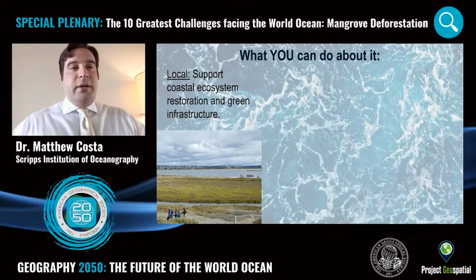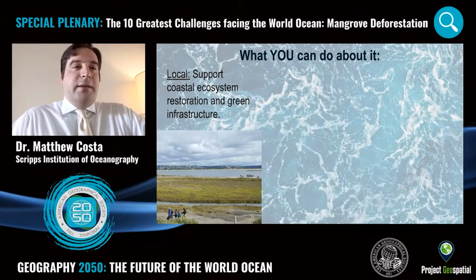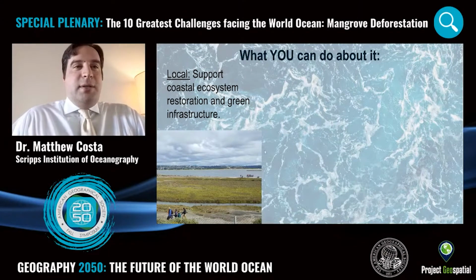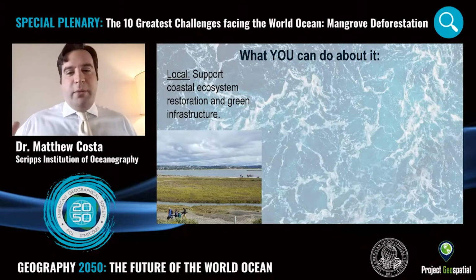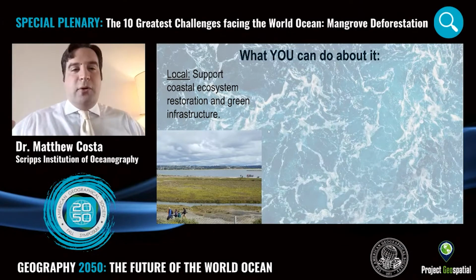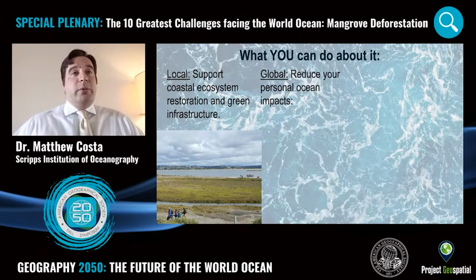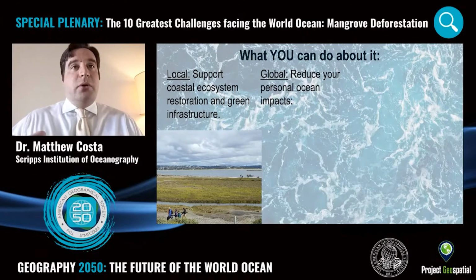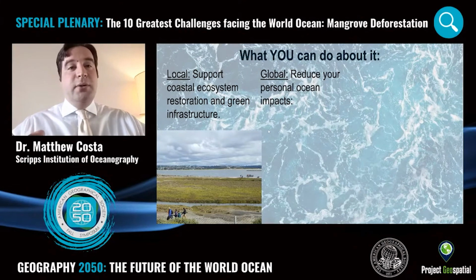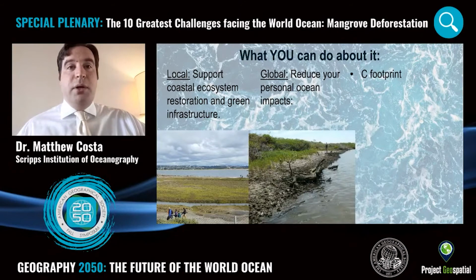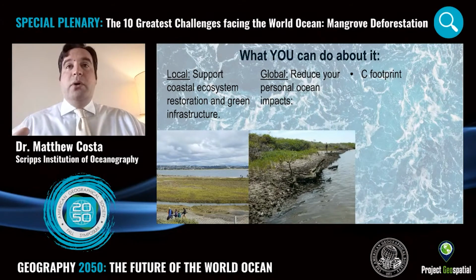And even if you don't live near mangroves, as I do, you can get into your local coastal ecosystem or other ecosystem, such as, for me, the salt marshes in Mission Bay, to help protect them and support their ecosystem services. So even if you live someplace without mangroves, you have something you can contribute to. Globally, there are lots of things you could do to reduce your impact on ocean ecosystems, including reducing your carbon footprint, since climate change is impacting these ecosystems around the world.